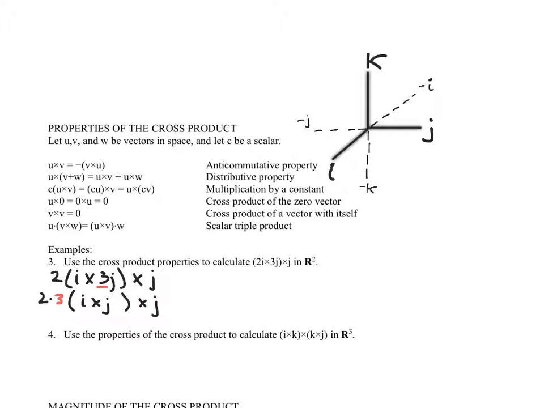Let me pause this so we can record while I'm doing that. I think I misspoke a second ago and said the wrong thing. I think I said negative k. It should be positive k because this is not my right hand.